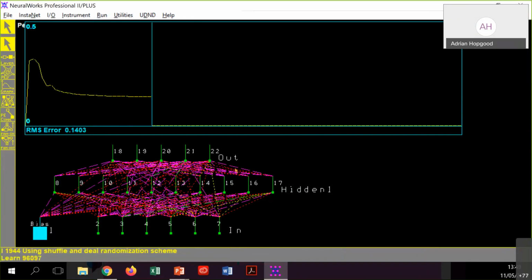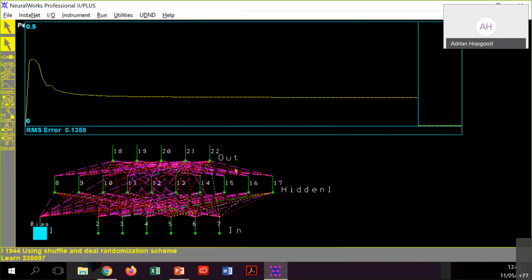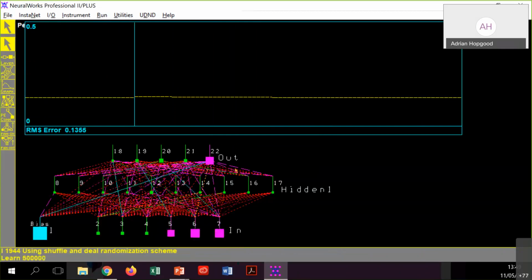Okay, so you see this error is going down. What it's doing is adjusting the weights. Remember, there are these weights that connect the neurons. It adjusts those weights so it gets better and better at associating the inputs that it's presented with the corresponding output classes. So I've now trained that on that narrow bit of the top 16th of the images.